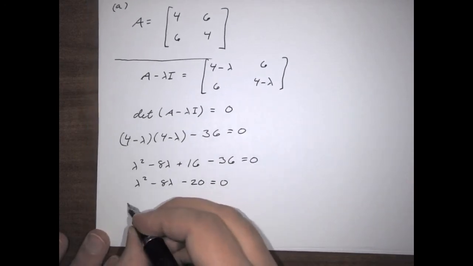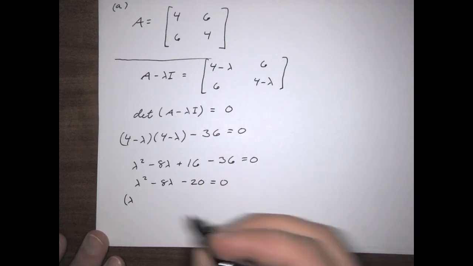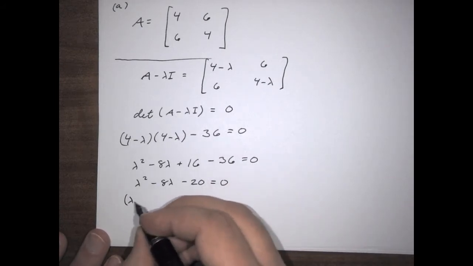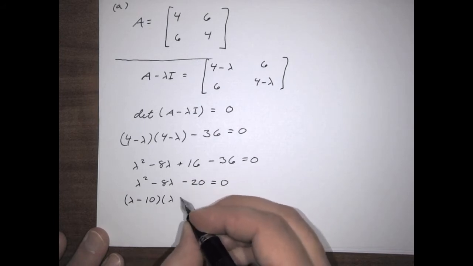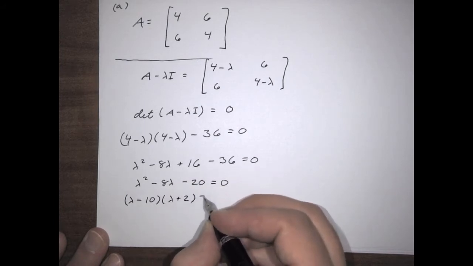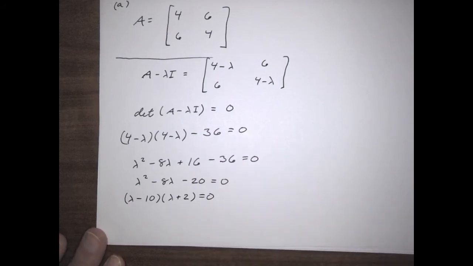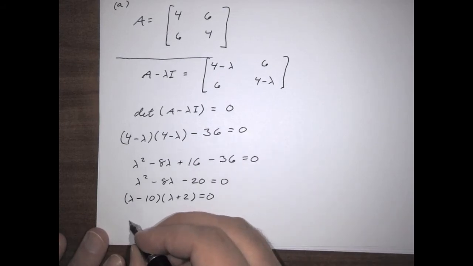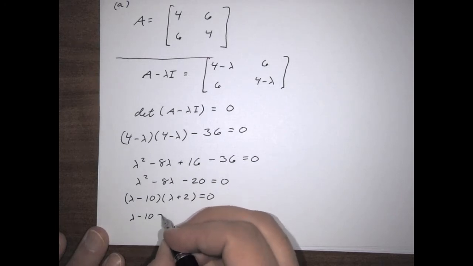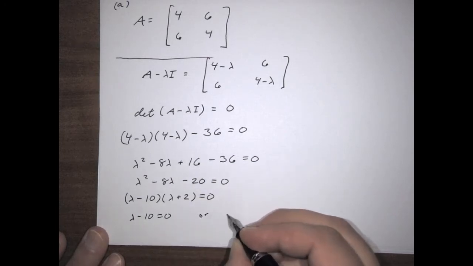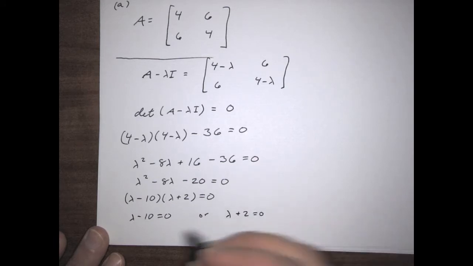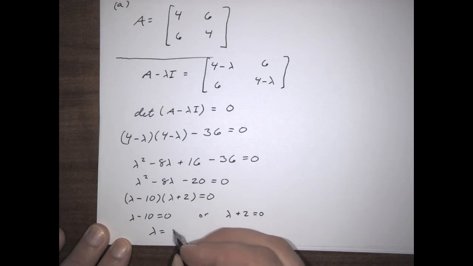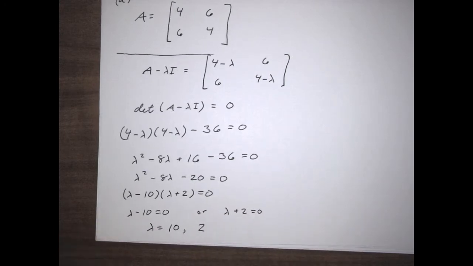And so if we want to factor this, we could do this with the quadratic formula too if you don't like factoring for some reason. It's going to be minus 10 and plus 2 as the factors, which then we will get lambda minus 10 equals 0, or lambda plus 2 equals 0, which leads us to lambda equals 10, negative 2, and they're each multiplicity 1.